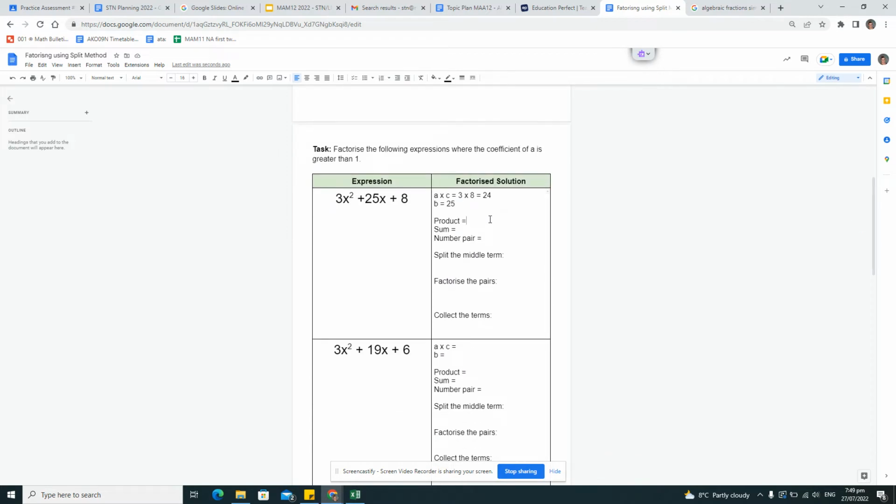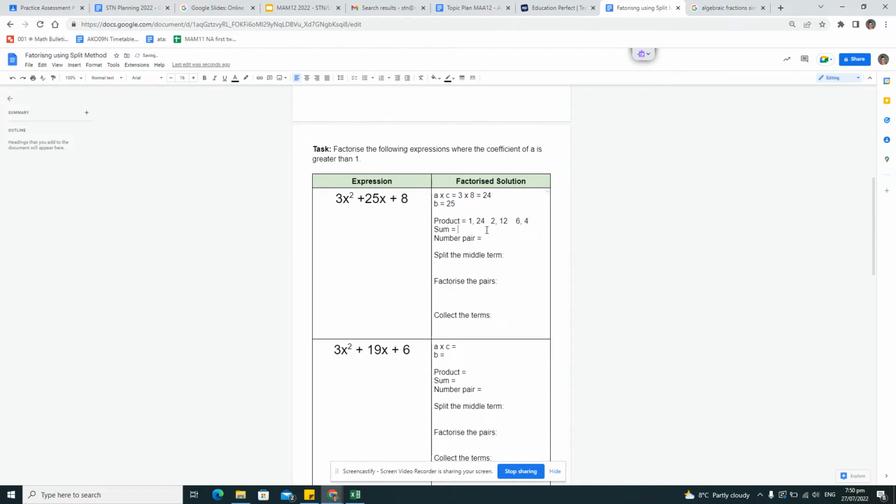So in this first example here, pairs of numbers that multiply to 24 could be 1 and 24. You could also have 2 and 12. Another one could be 6 and 4, for instance.